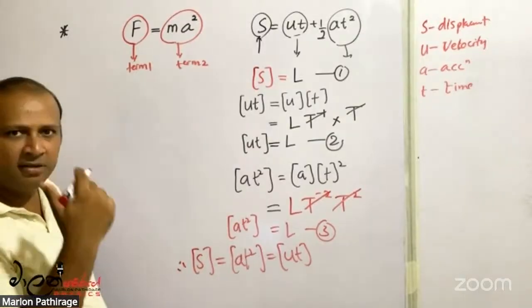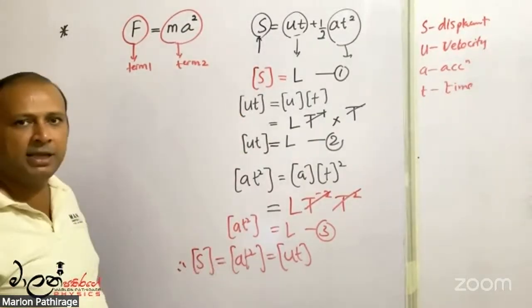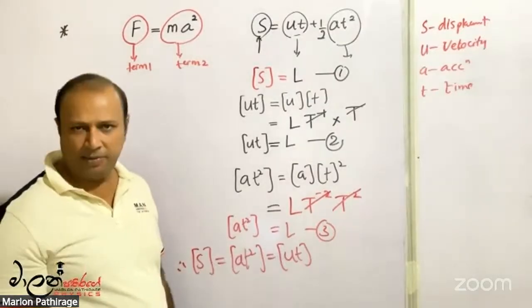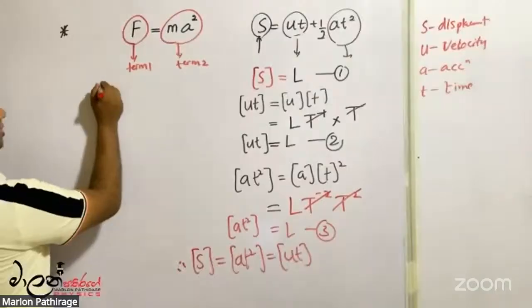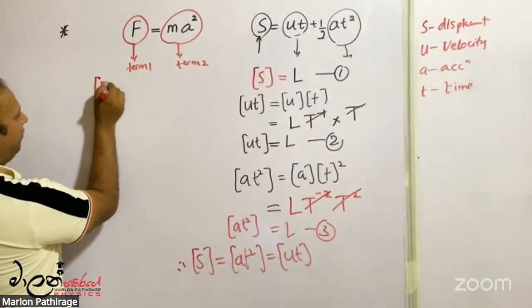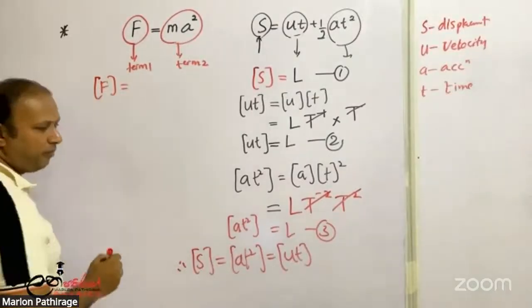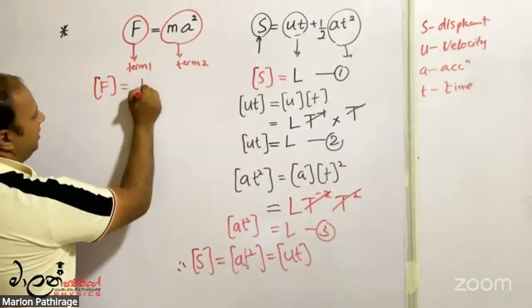But according to our basic concept, all the terms should have the same dimension. Therefore, here I can write the dimension of F. The dimension of force is MLT to the power minus 2.